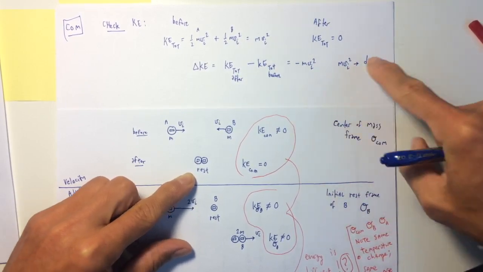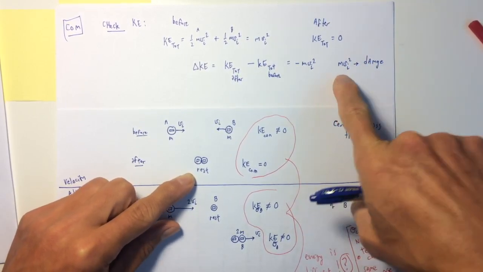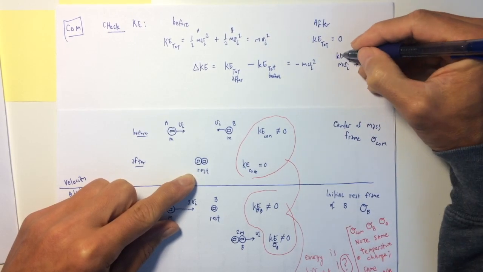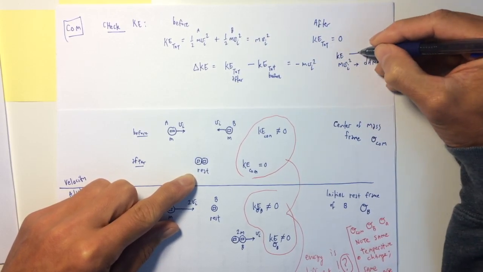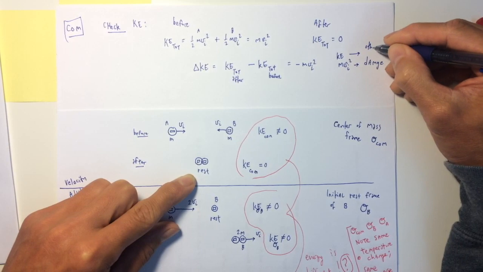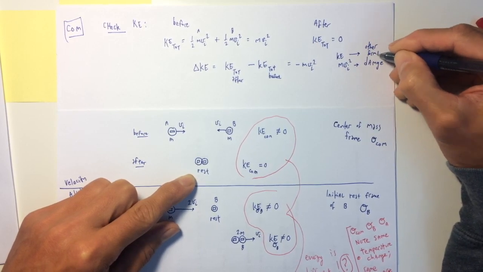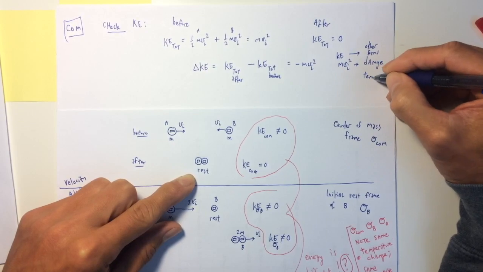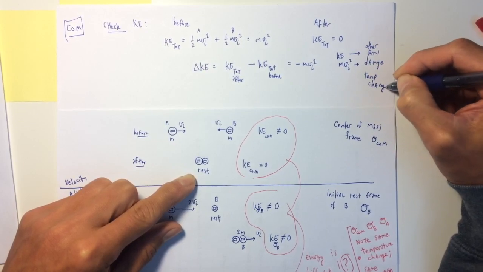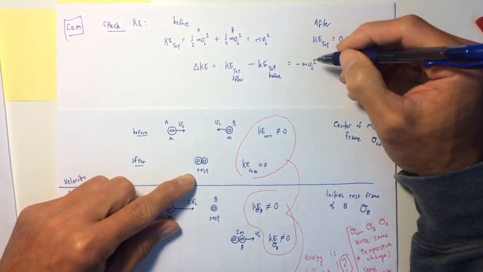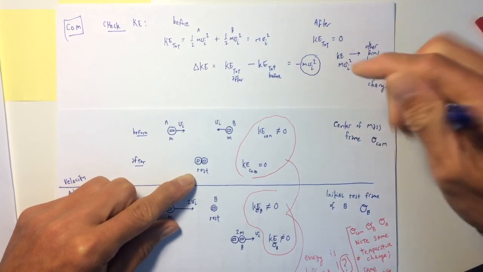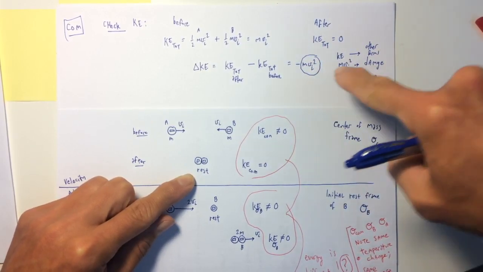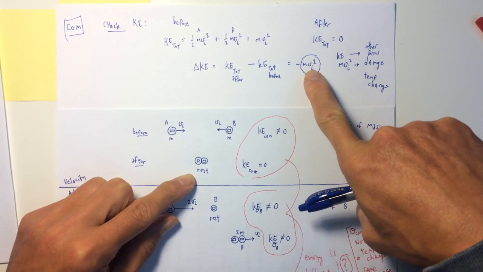The idea is this kinetic energy was converted to other forms. And the forms are damage and temperature change. And the amount that gets to go over to the other forms is mvi squared.